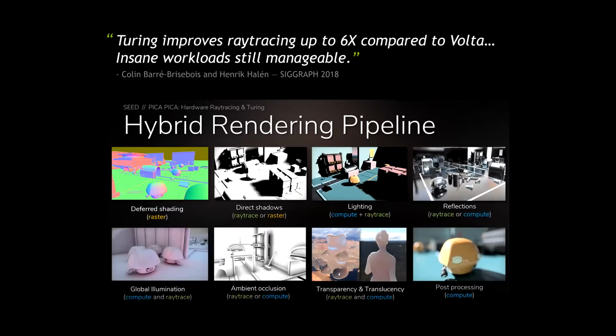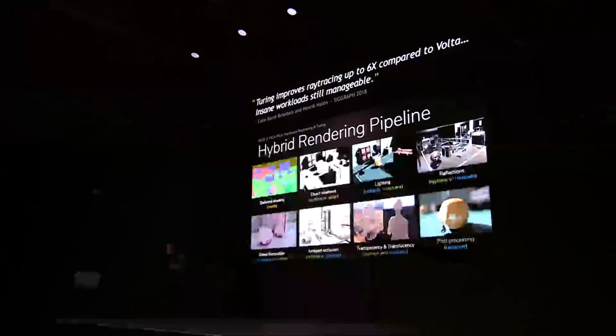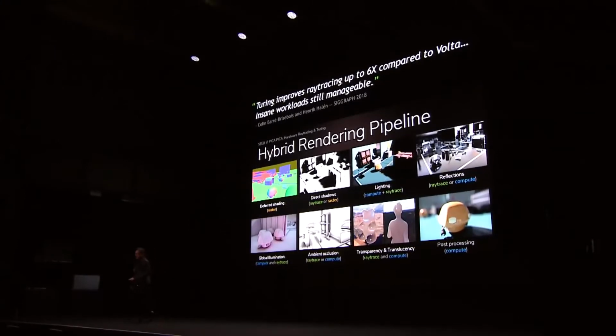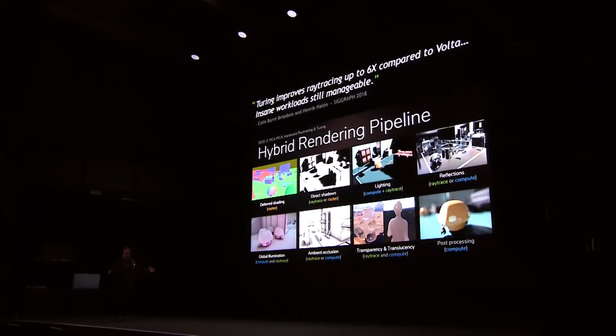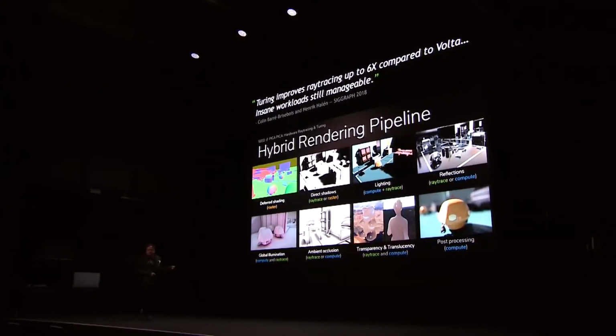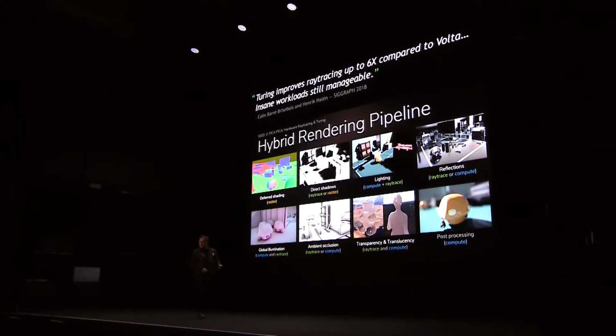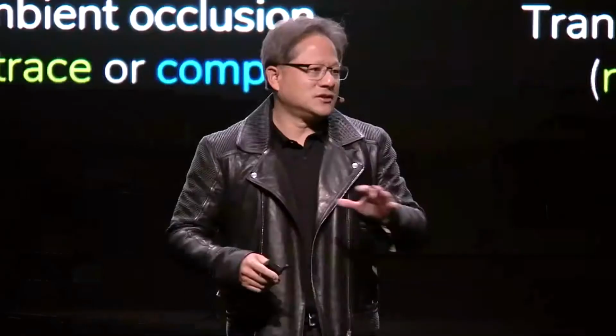At SIGGRAPH, we were really pleased to see research being done in this area. Our researchers and the researchers at SEED, the Search for Extraordinary Experience, I love that, worked on RTX to figure out how it could accelerate and create new computer graphics. Everything from deferred shading and direct shadows and lighting and reflections and global illumination and ambient occlusion, transparency and translucency.